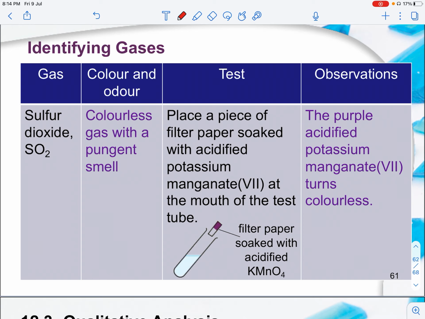Now, what is potassium manganate(VII)? It is an oxidizing agent, and an oxidizing agent is an agent that oxidizes something but gets reduced itself. Potassium manganate(VII) is purplish in color, so after it has undergone reduction, it turns colorless. When exposed to sulfur dioxide, it will oxidize the sulfur dioxide and itself get reduced.